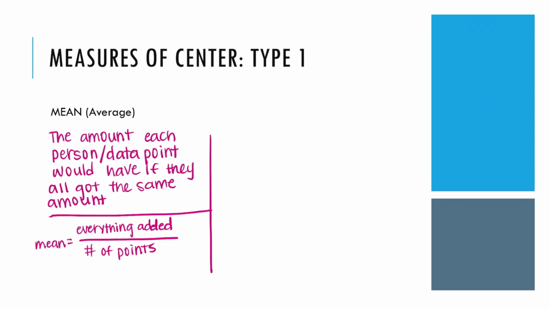In the test example, you added together all of the test scores from the lowest to the highest, and then divided by the number of students. That's how much each student would have received if everyone got the same score. Obviously, not everyone has the same score. That's why it's called a measure of center: it's a generalization of what to expect from everybody.